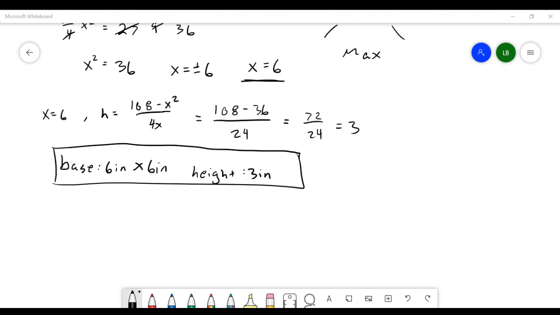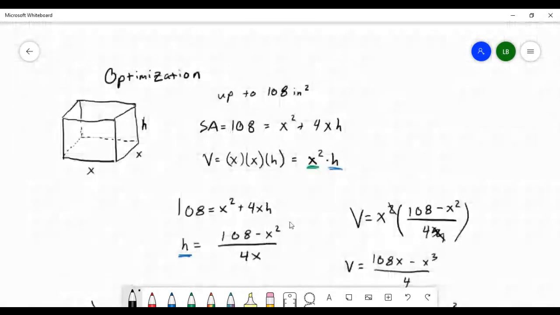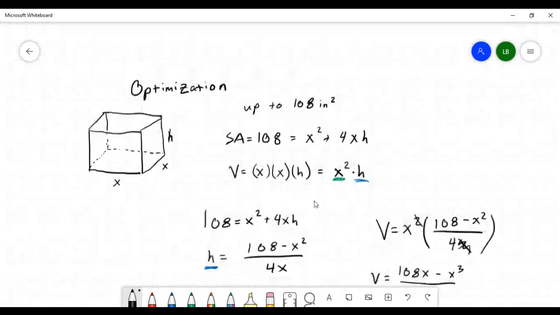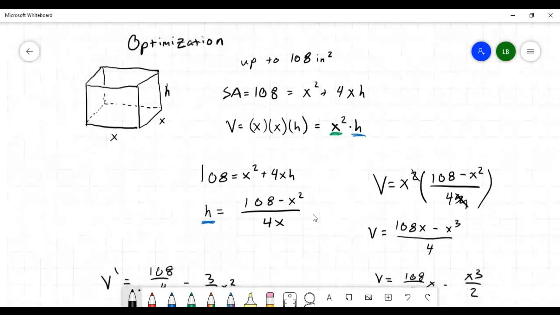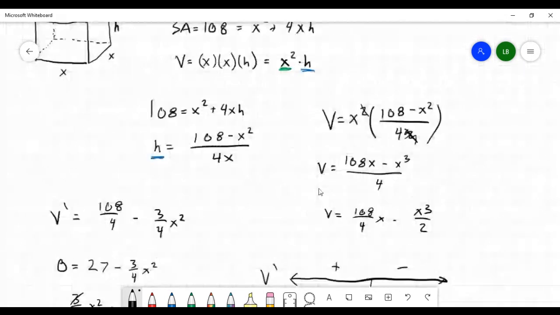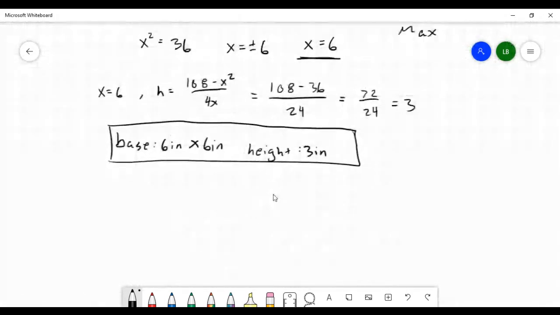In this case, it wouldn't make a whole lot of sense to find the minimum volume, because all you would have to do is say, well, I'm just going to let the height equal 0, because then it's going to have 0 volume. So in this case, yes, you only need to find the maximum, because the minimum doesn't make sense in this context.